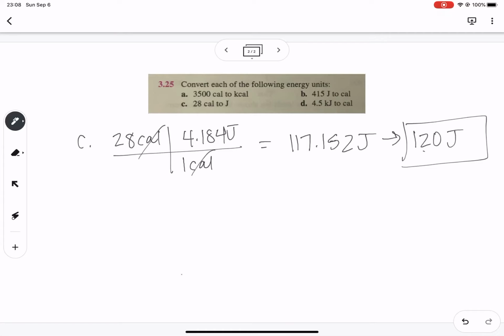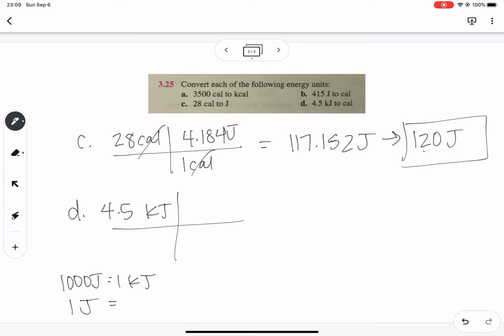All right, and last problem, 4.5 kilojoules to calories. We have to use two conversions here. 1,000 joules equals 1 kilojoule, and 1 joule equals 4.184 equals 1 calorie.